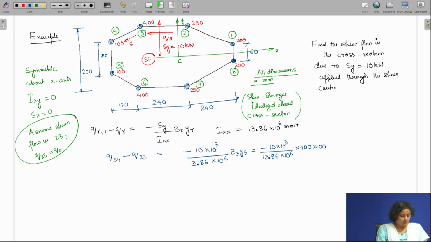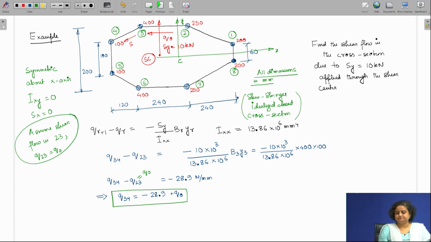So, which is going to be equal to 28.9 Newton millimeter, minus of that, and that is equal to Q34 minus Q23, which implies that Q34, with Q23 assumed to be Q0, is therefore 28.9 plus Q0. So, that is how we have got Q34.